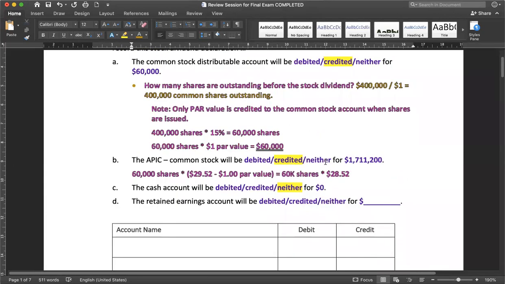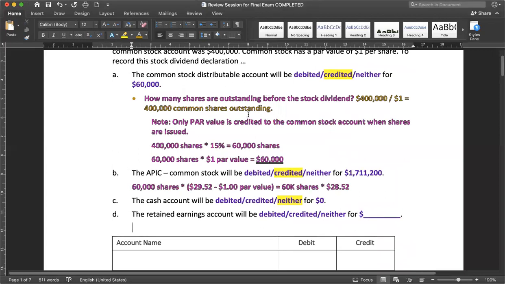So recall from above that we said that there were 60,000 shares that were issued as a result of the stock dividend.